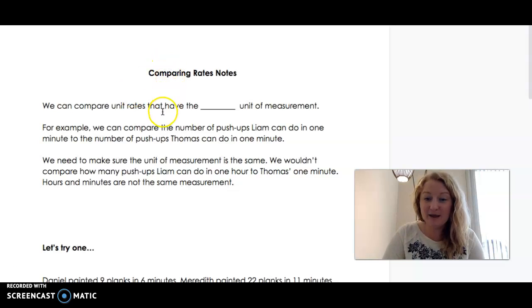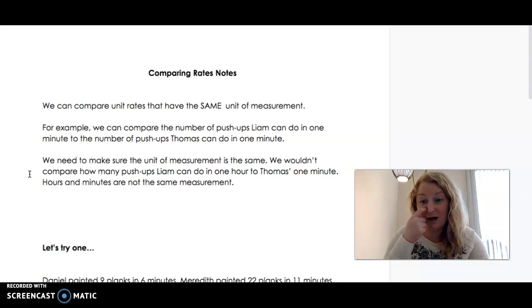We can compare unit rates that have the blank unit of measure. I want you to think about what might go in there. We can compare unit rates that have the same unit of measure. For example, we can compare the number of push-ups that Liam can do in 1 minute to the number of push-ups that Thomas could do in 1 minute. Maybe that'll be an activity later this week.